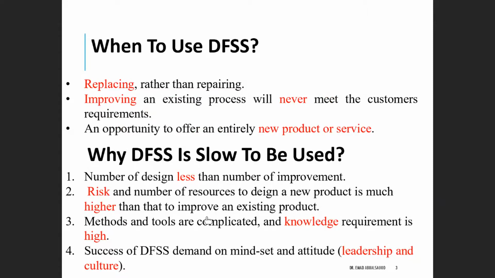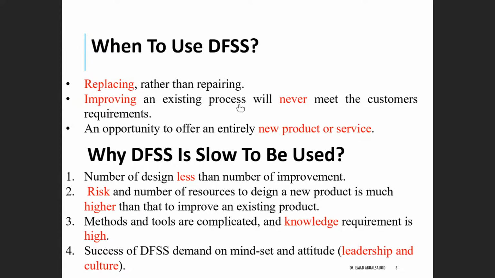This is an obvious question you may have after we have learned about the Six Sigma and the DMAIC. We use design for Six Sigma for replacing rather than repairing. So we are going to establish a new product or service, not solve an existing problem.